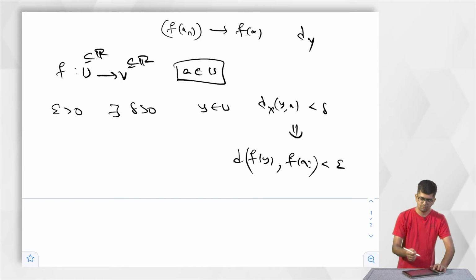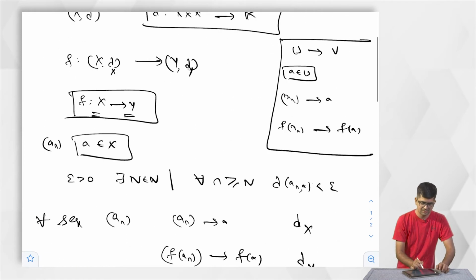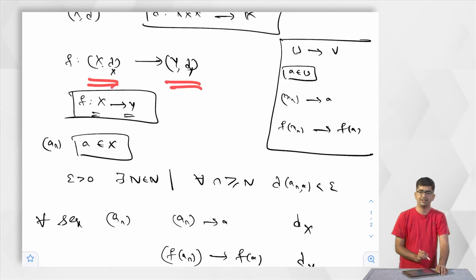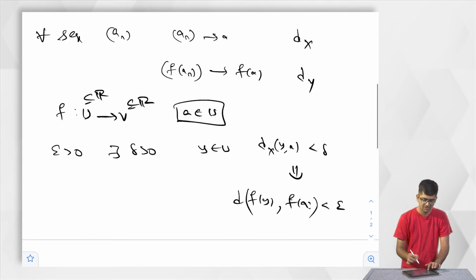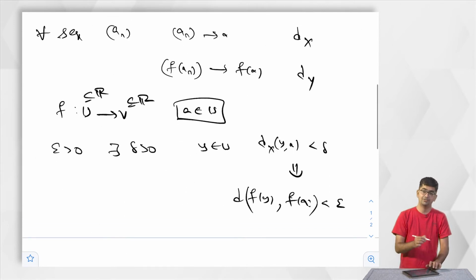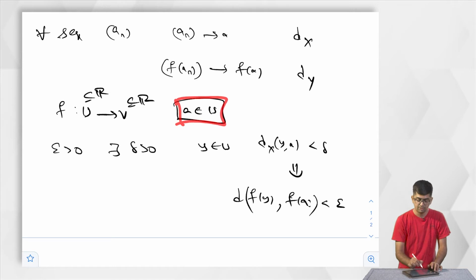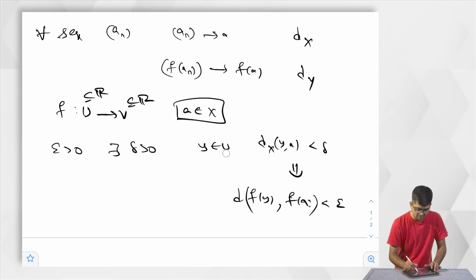So let me say one more time, we are starting with two metric spaces (X, dX) and (Y, dY). We want to say what it means for a function f to be continuous. A function f is continuous at this point A belongs to, not U, it is X. We are talking about X and Y, so I have to replace this with X again.